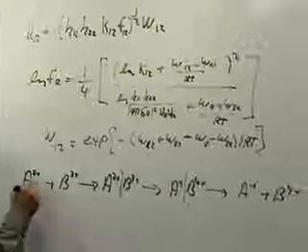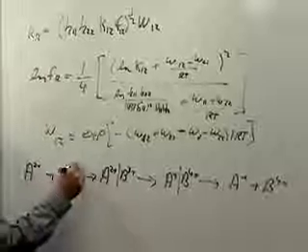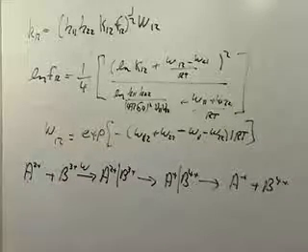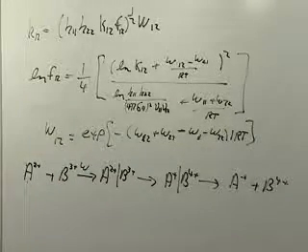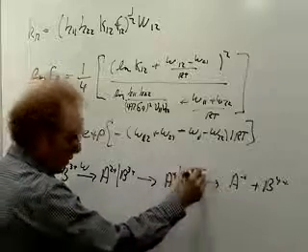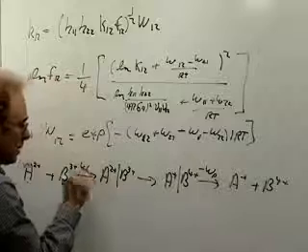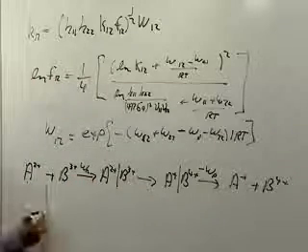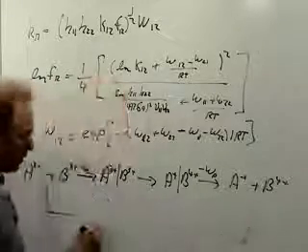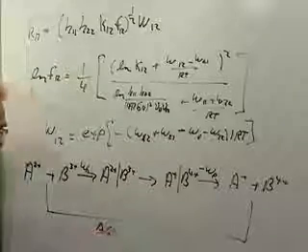Since these are charged species, there's a work term to bring them together. There's a work term that takes them apart, if I always think I'm going together. So this is the work term for the products. This is the work term for the reactants. We know the overall free energy change is delta G0.